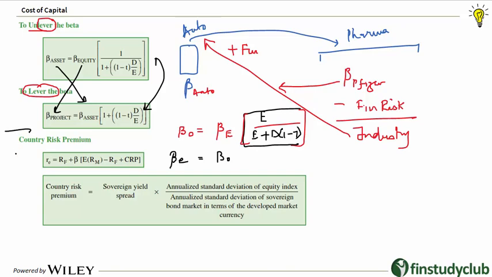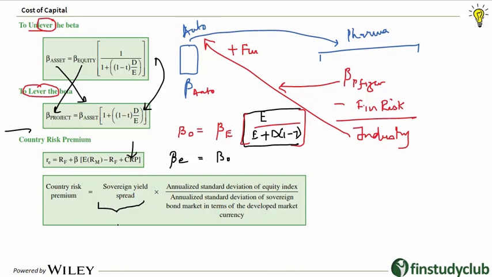Okay. Then there was a concept of country risk premium, in which we said that an investor investing into some underdeveloped or relatively less developed country would need some extra risk compensation to be excited to do that. That risk compensation is the difference between the bonds of both the governments.